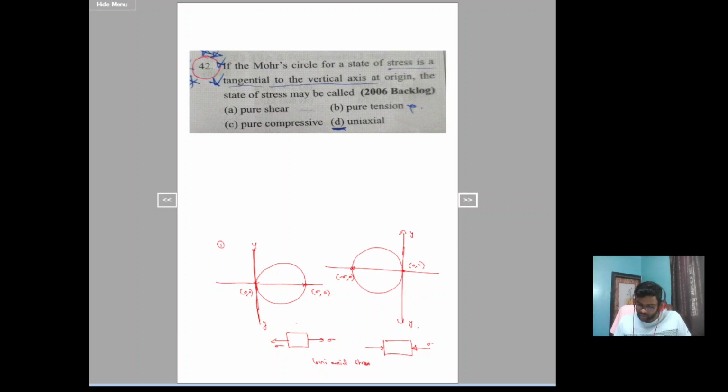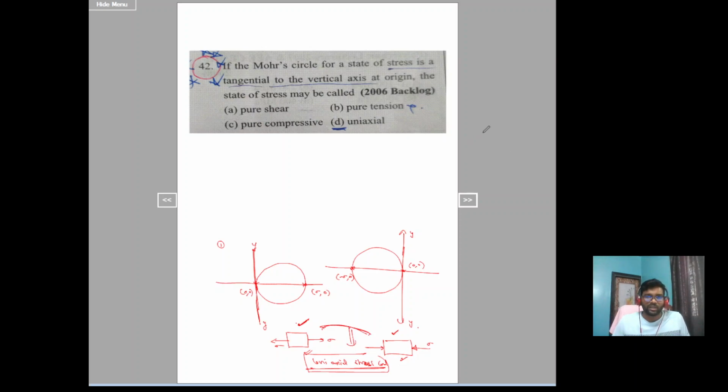This is uniaxial tensile stress condition, this is uniaxial compressive stress condition. So overall you can say uniaxial stress condition. So these two can be options, so you have to take uniaxial stress condition.